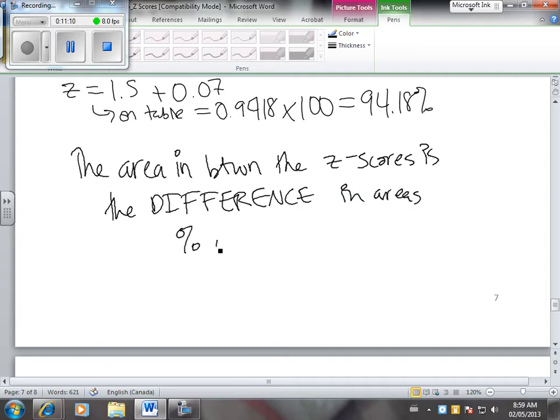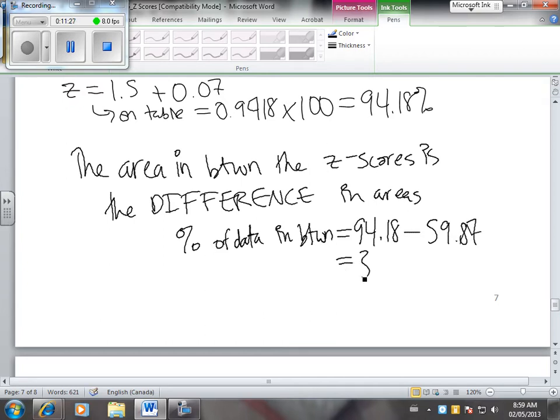Okay, so the percent of data in between equals 94.18 minus 59.87 equals 34.31%. Okay, and remember here I put percent. Always give your answers a unit. Okay.